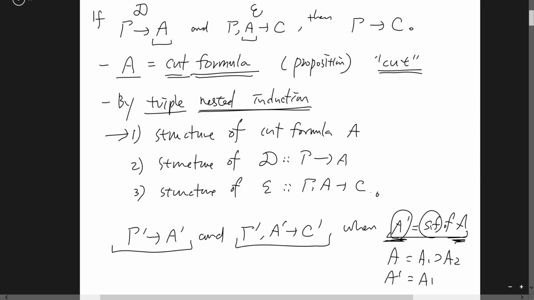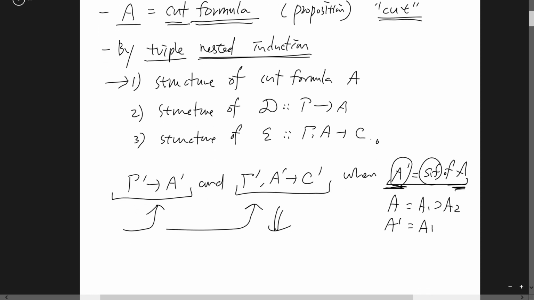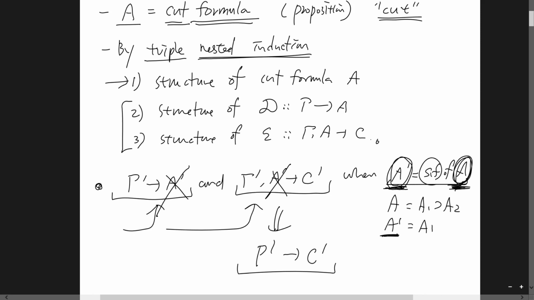In this case, we can immediately apply the induction hypothesis on this one and deduce. So basically, we can cut away this A prime and deduce gamma prime arrow C prime. And the reason here is that A prime is a subformula of A, so A prime is strictly smaller than A. So you don't even have to consider the structure of the proof, this one, and this proof.